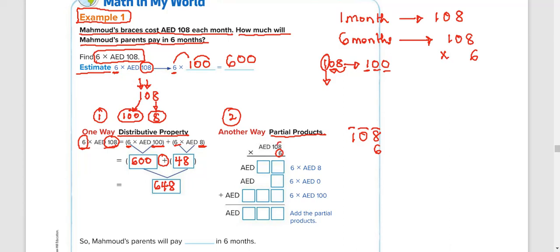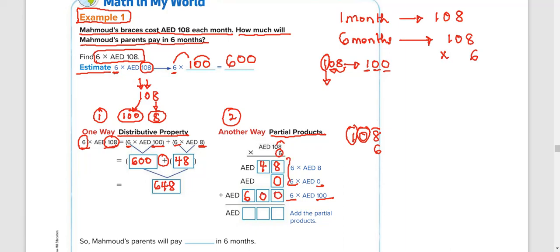This 6 multiplies this 8, and that gives us 48. The next one, it multiplies 0. 6 times 0 is 0. And lastly, the number in the hundreds place, which is 100. So 6 multiply 100 is 600.